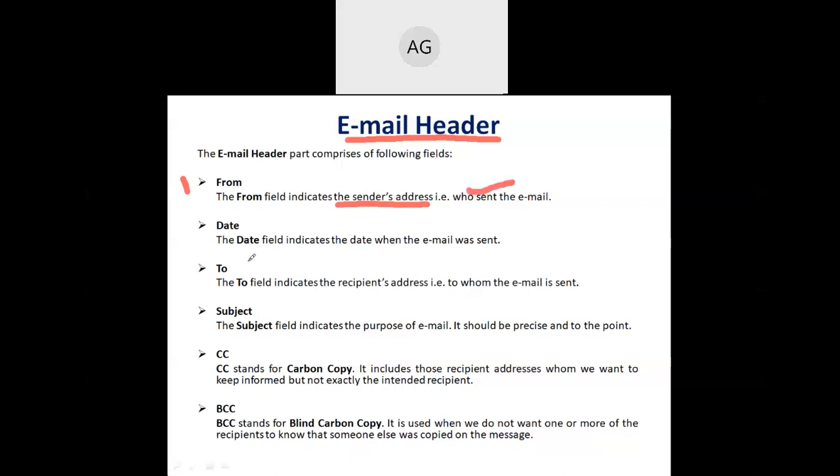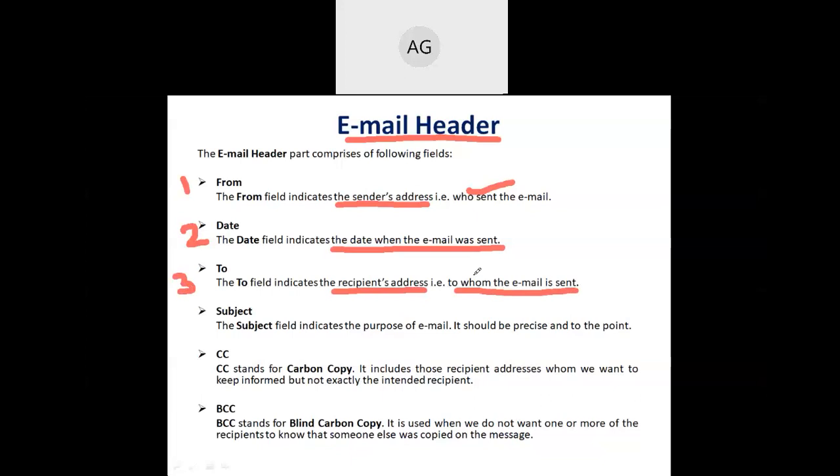The second part of the email header is Date. The Date field indicates the date when the email was sent. The third part of the email header is To. The To field indicates the recipient's address, that is, to whom the email is sent.